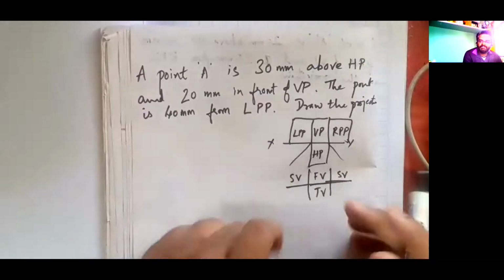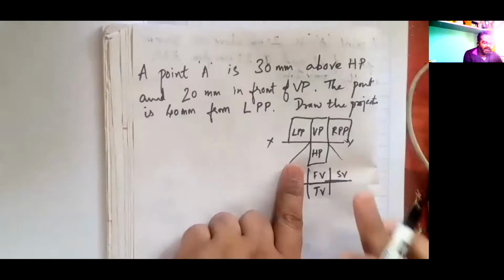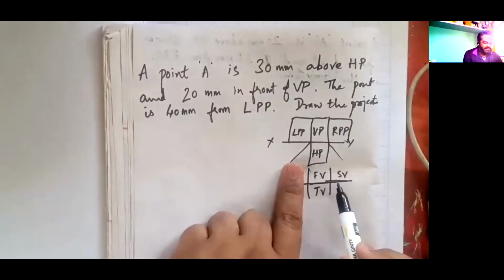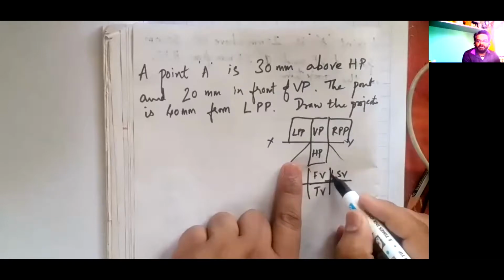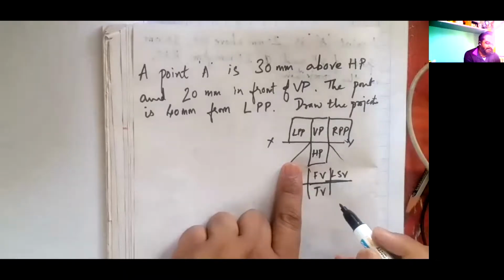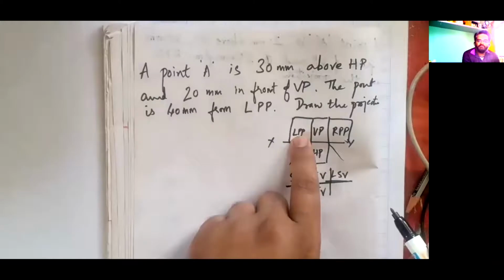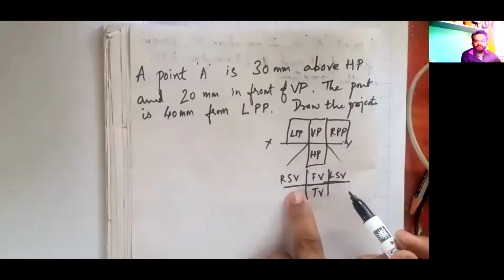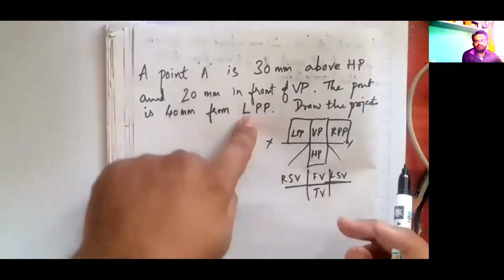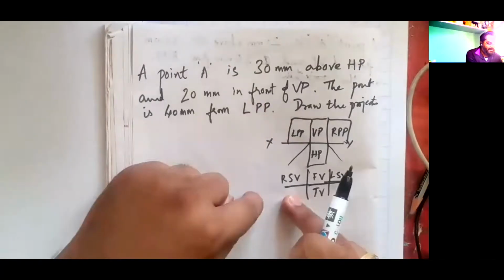If you are representing the side view on the right profile plane, it is the left side view. Similarly, if you are representing something on LPP, it is the right side view. So now you are supposed to represent the right side view on the left profile plane for this particular object.